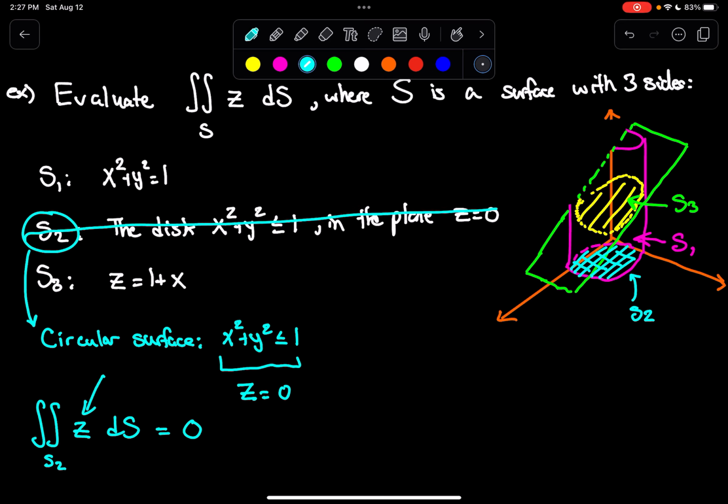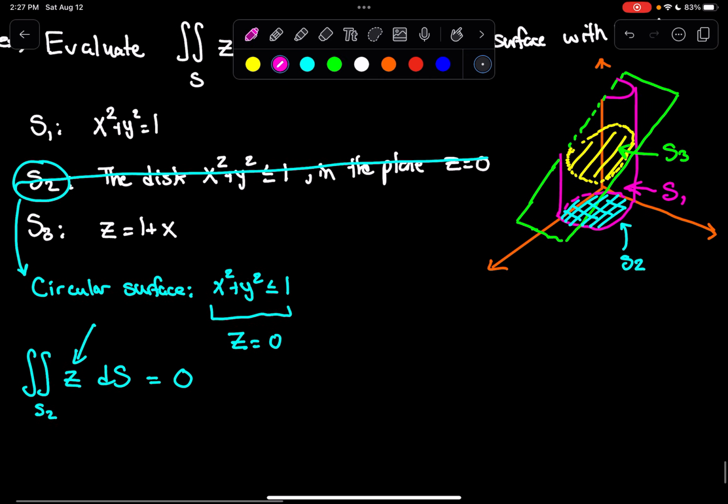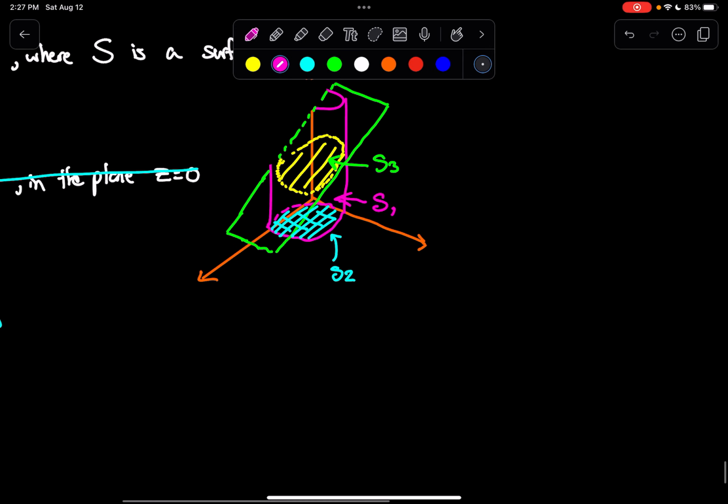Cool. So now let's go ahead and move on to the more interesting ones. Let's see here. So S1, let's tackle S1. So this first surface, S1, is described by a couple of things. It's described by x squared plus y squared is equal to 1. That's the outline of the circle. But our z value has the property that, right, like where do we cap this cylinder at?